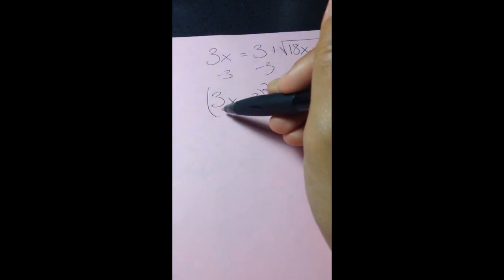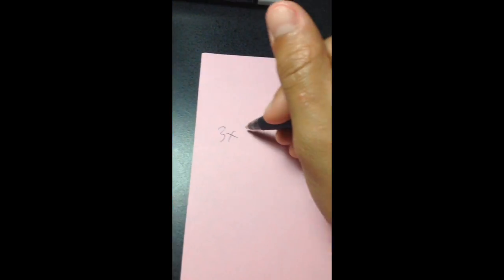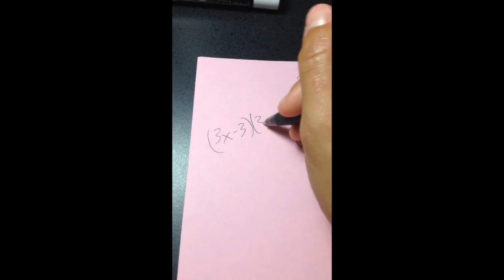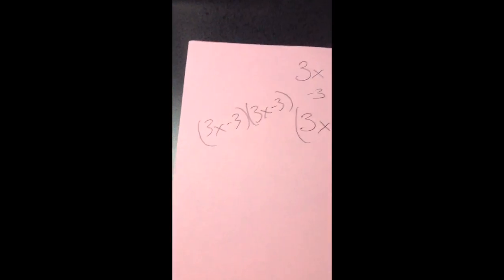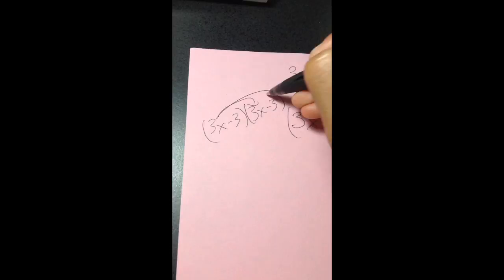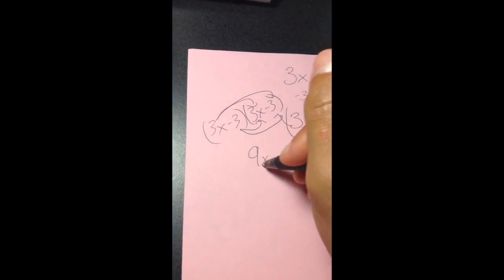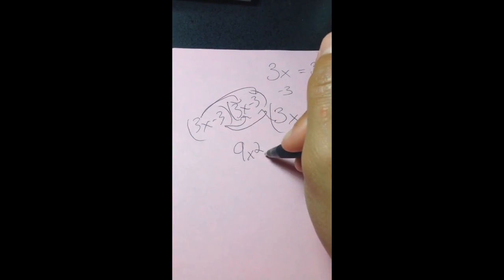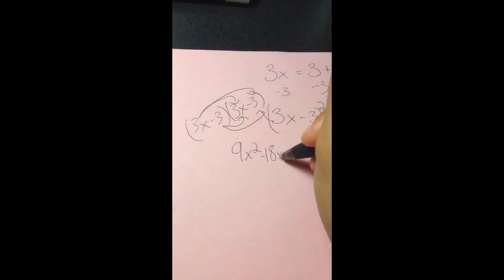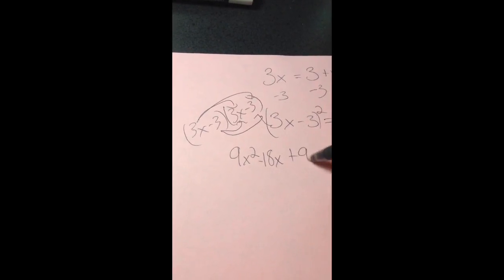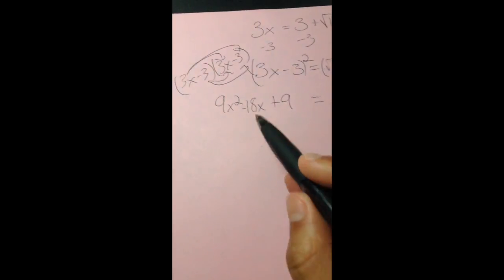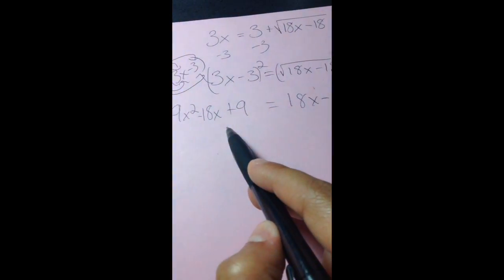And then it's going to equal, when this becomes a binomial and you FOIL it, 3x minus 3 multiplied by 3x minus 3. Pretty much it's going to come out to 9x squared minus 18x plus 9. So this is our new equation now: 9x squared minus 18x plus 9 equals 18x minus 18.